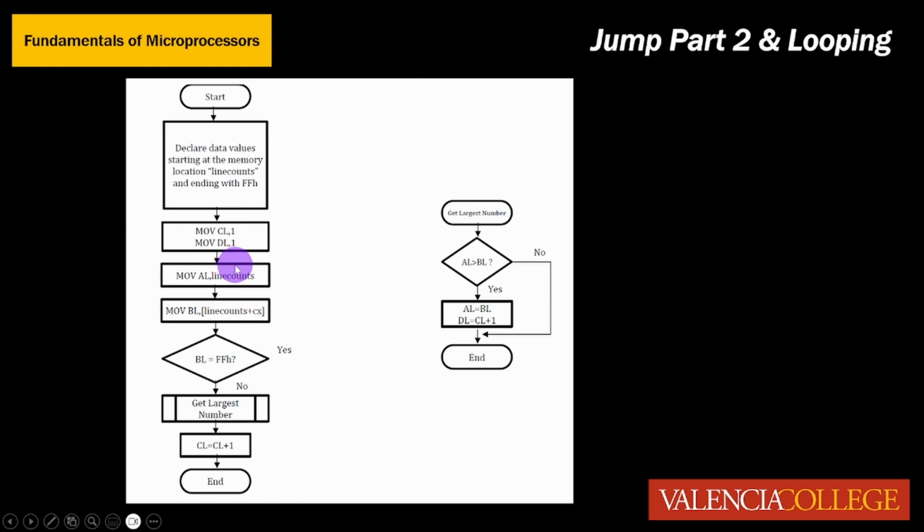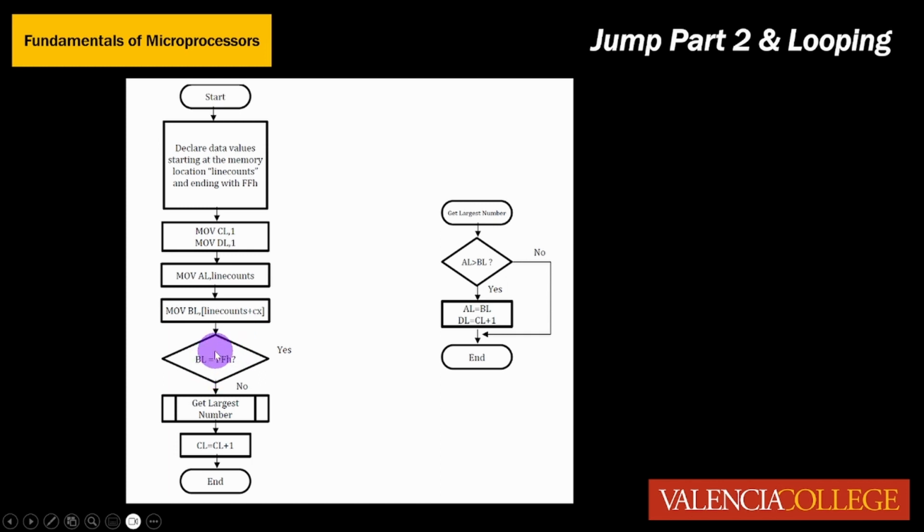What's happening here is that we're moving the first value, which is located in spot 0, location 0, to register AL, and the value located in line count on the second spot, which is located at location 1. Remember, the locations go 0, 1, 2, 3, and so on, starting with 0.